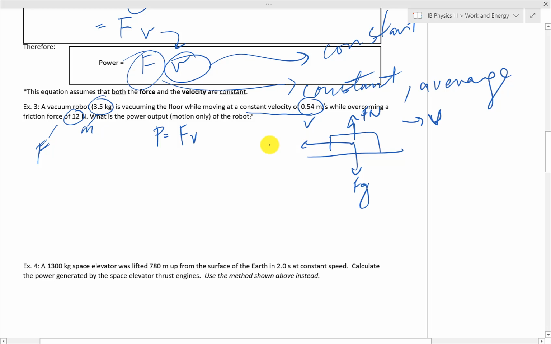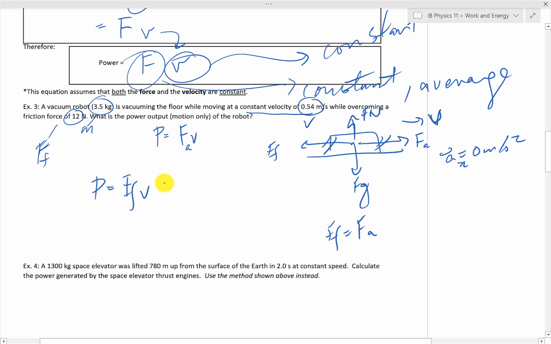It has a friction force opposing its motion, so whatever force the motors are applying to the robot moving it forward must be equal in magnitude to the force of friction, since the acceleration is 0 in the x direction. So we get force of friction is equal to Fa, which means in our power equation, that is exactly what we can use. And since we have the force of friction, let's go ahead and use that.